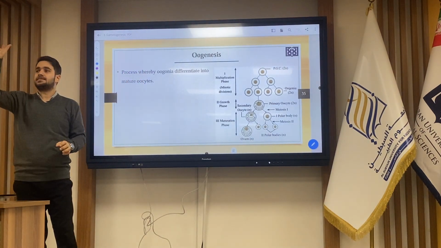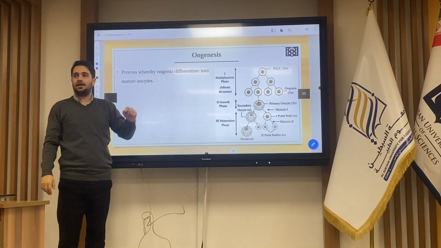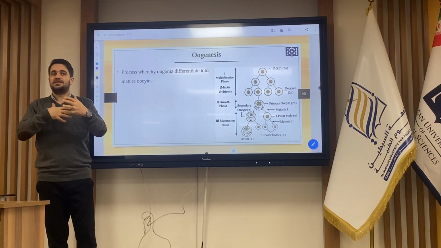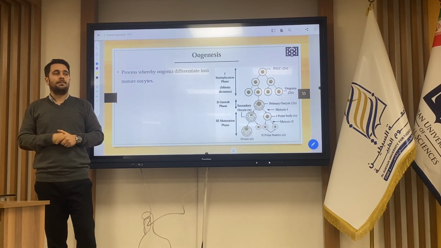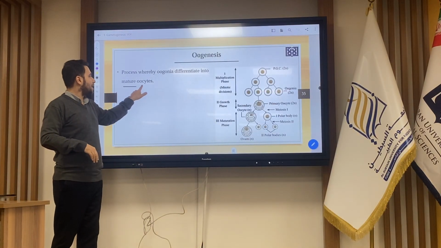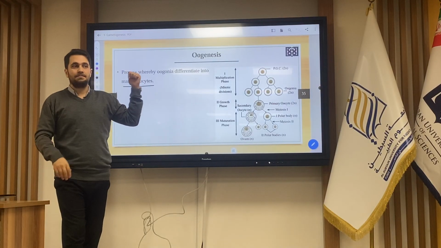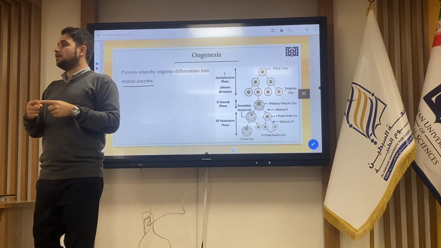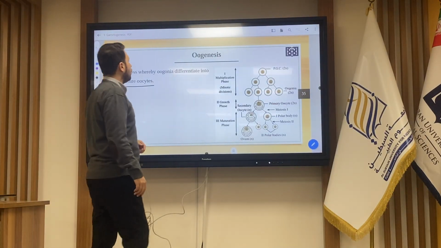The first cells or precursor cells, we call them oogonia, which differentiate in one important and complicated process into a mature oocyte. After that, this mature oocyte participates in fertilization. So we call it oogenesis.